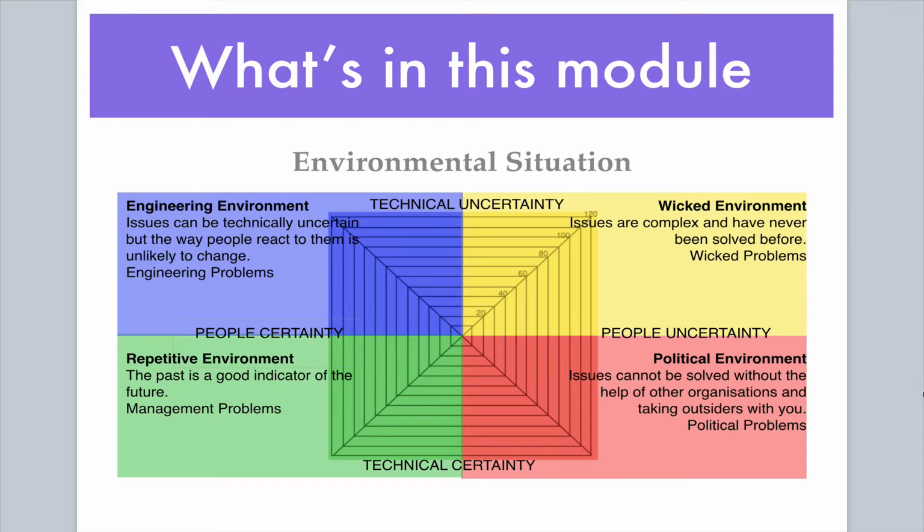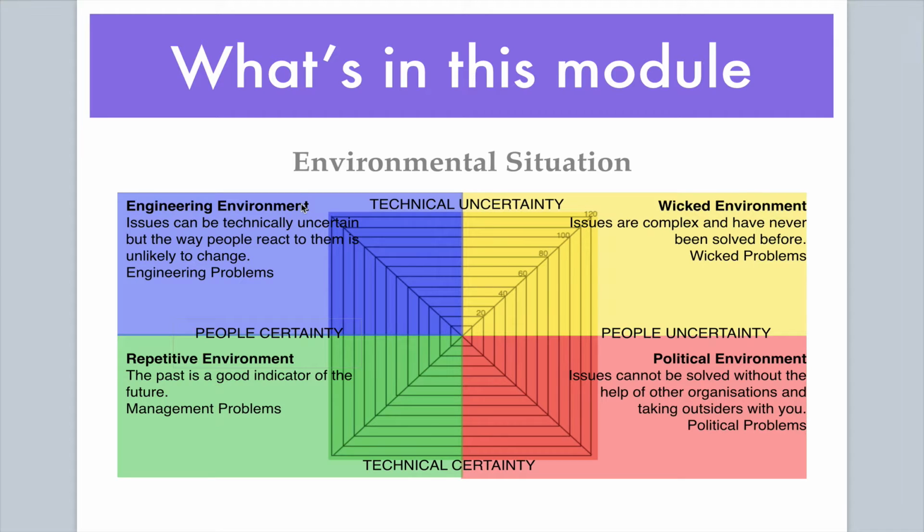And partly it depends on the environmental situation into which the organization is being designed. So down here in this green quadrant, we have this repetitive environment where the past is a good indicator of the future, and essentially the problems are managerial type problems.